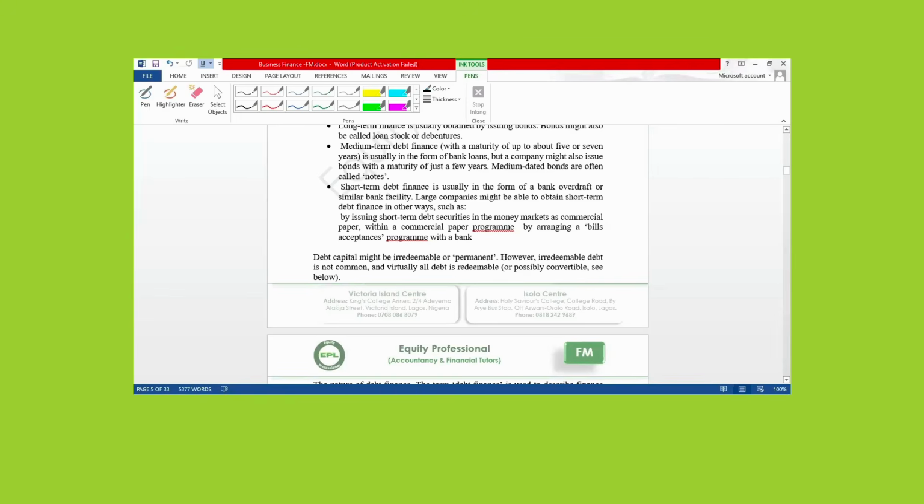The principal amount will be repaid. We will teach you how to calculate the cost of redeemable debt, as well as how to calculate the cost of irredeemable debt.